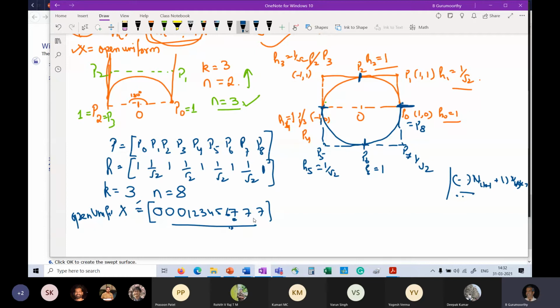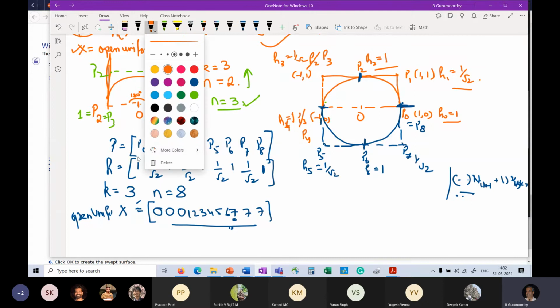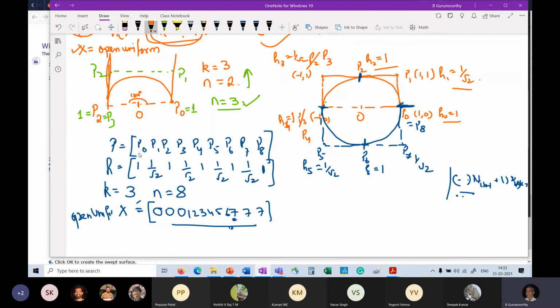Okay, so let me put one more sort of picture in front of you. Right, so the first segment is defined by P0, P1, P2. The second by P1, P2, P3. Third by P2, P3, P4. The fourth by P3, P4, P5.